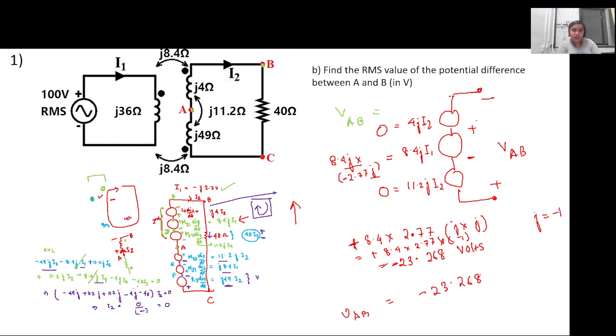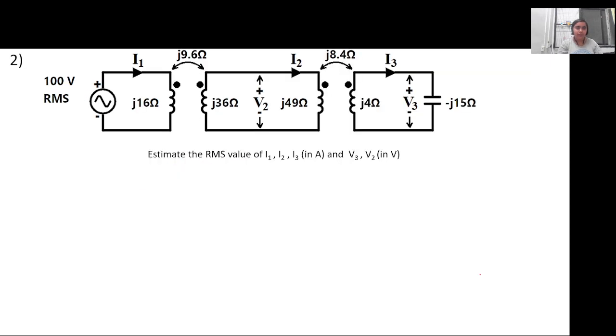Yes, ma'am. Okay, so we can move to the next question. The previous question and this question are similar. The previous question had a primary winding and secondary winding.